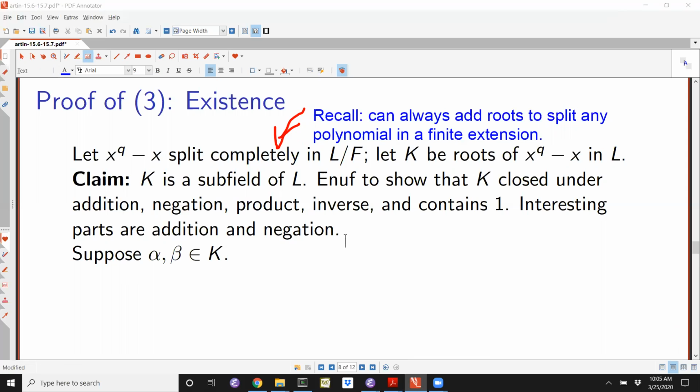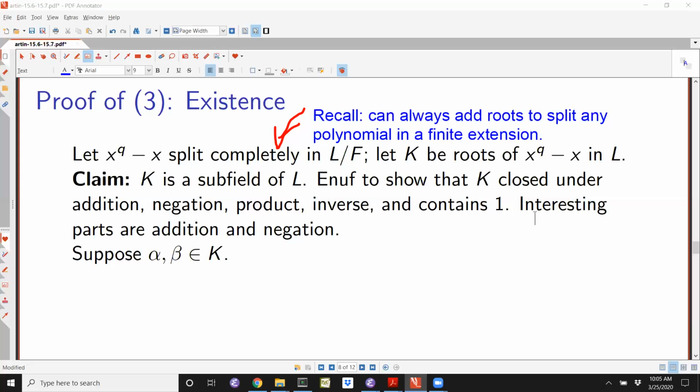The first thing is that we first claim that K is a subfield of L. So it's enough to show that K is closed under addition, negation, product, and inverse, and it contains 1.